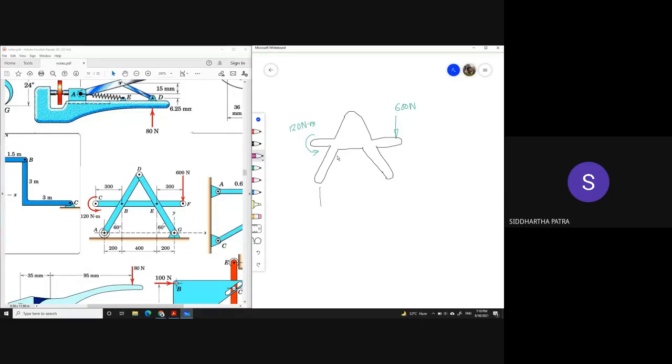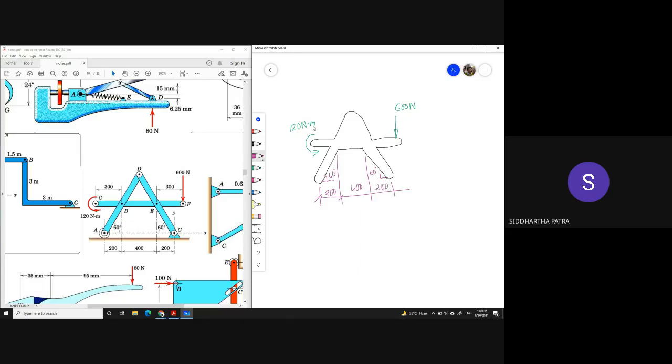From here to here, it is a 60-degree angle. This angle is 60 degrees, and this is 200 millimeters, this is 400 millimeters, and this is 200 millimeters.